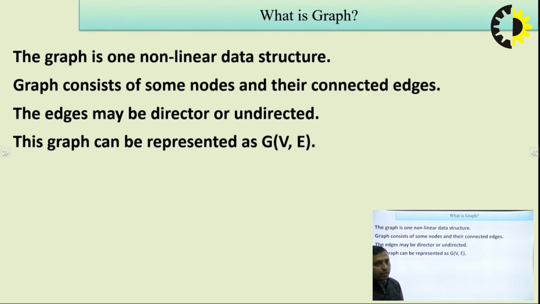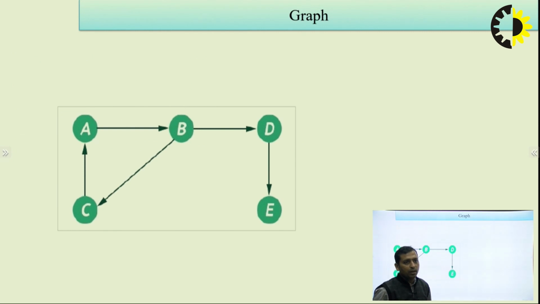The graph is represented as G = (V, E), a set of vertices and a set of edges, as we can see in the example.